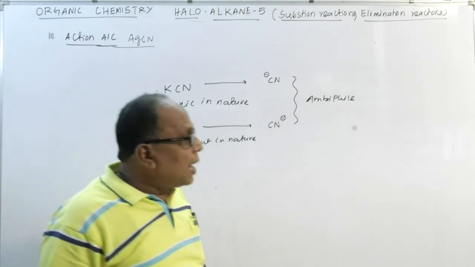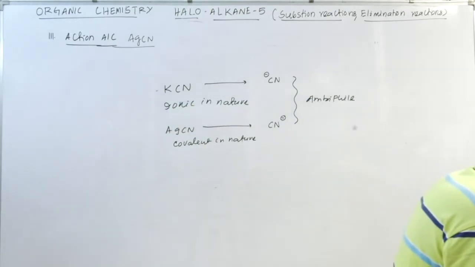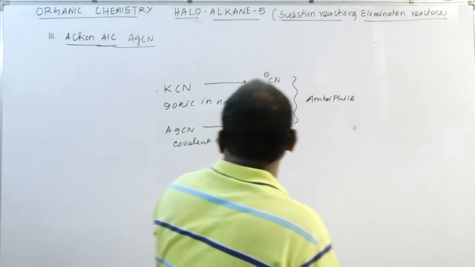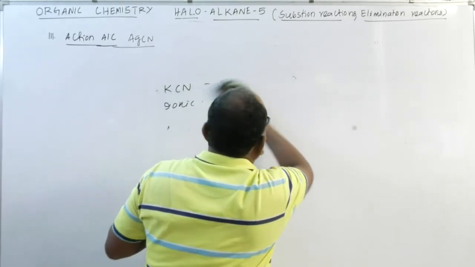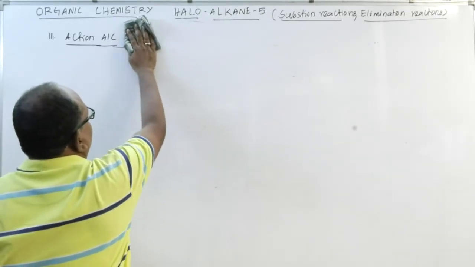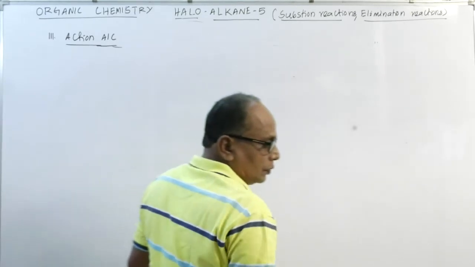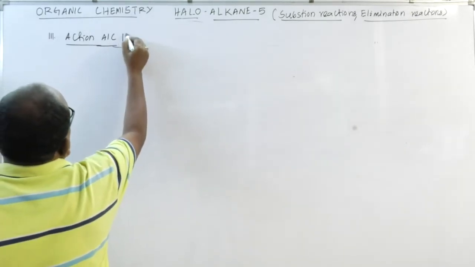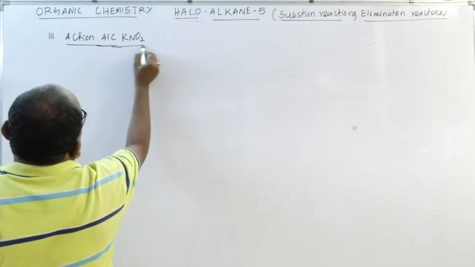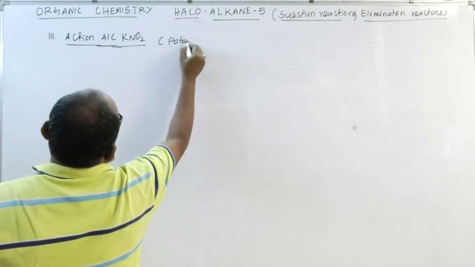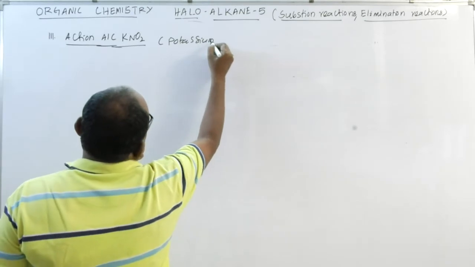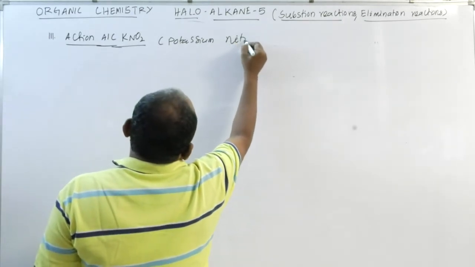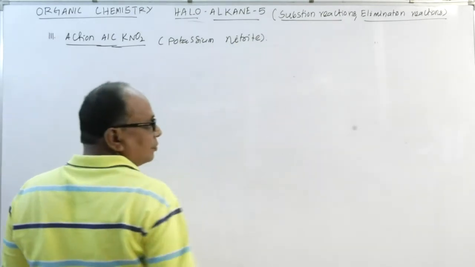Okay. Now come to how the alkyl halide reacts with KNO2, that is potassium nitrite.